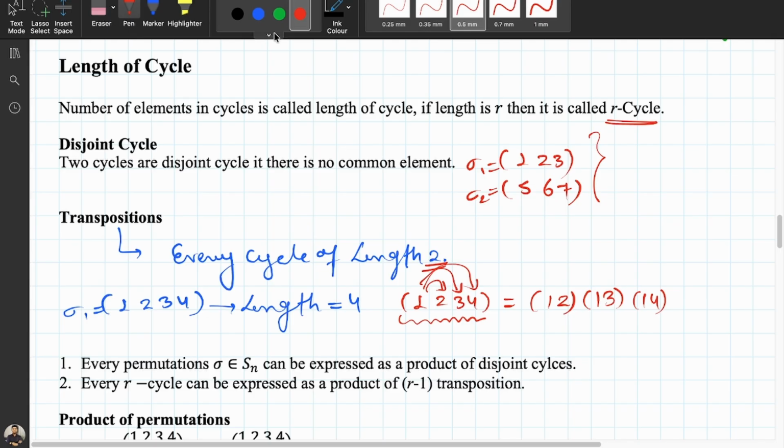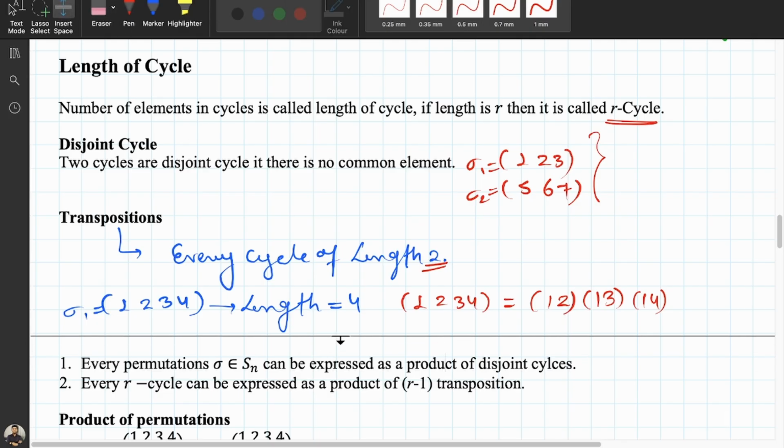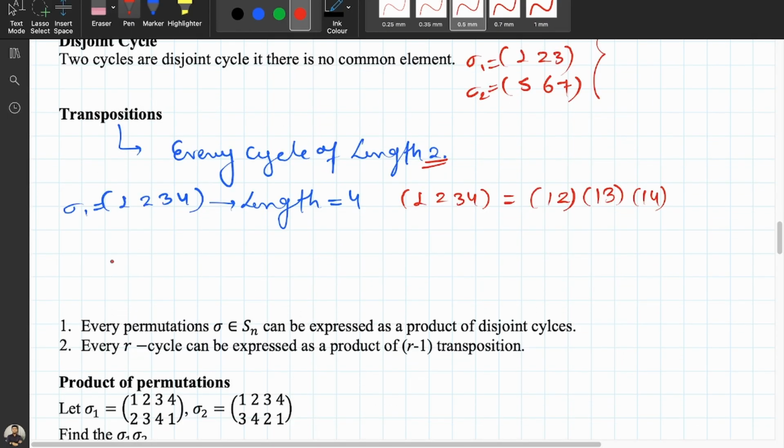Now one more observation. If you have a cycle of length r, we can easily find the number of transpositions. Let's say the next permutation is (1, 3, 4, 5, 2).